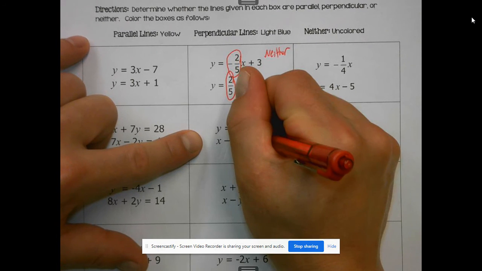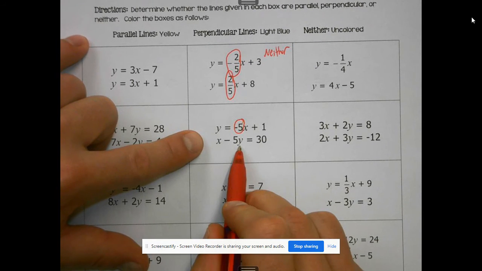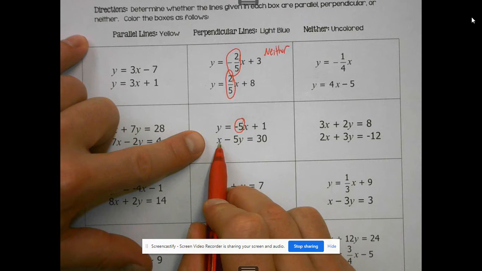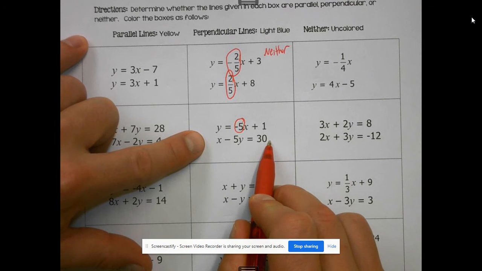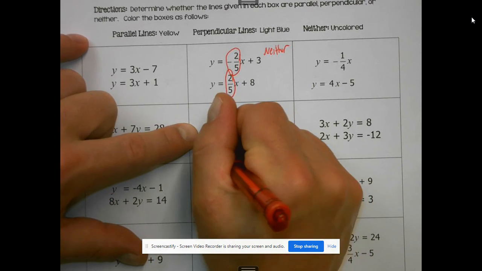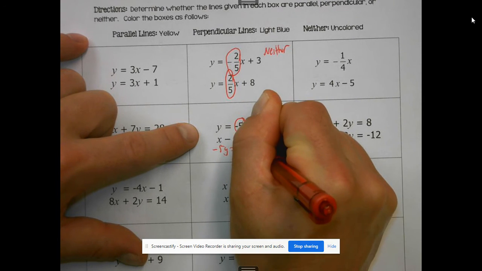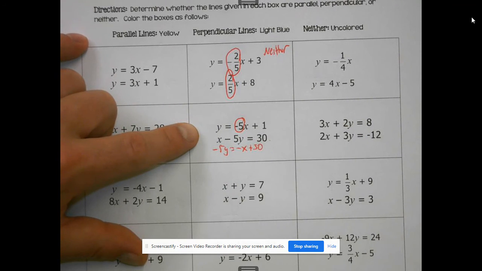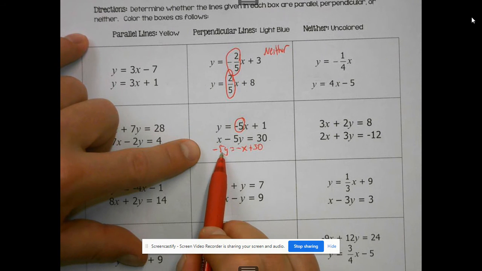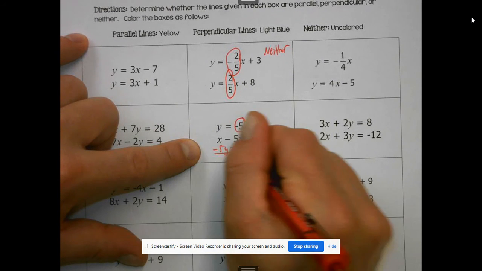This slope is negative 5. This guy, we got to do some work. First, we have to subtract the x to the right. Negative 5y equals negative x plus 30. Divide both sides by negative 5.